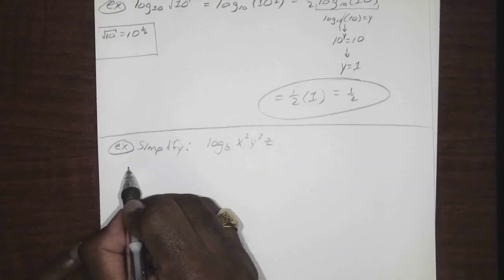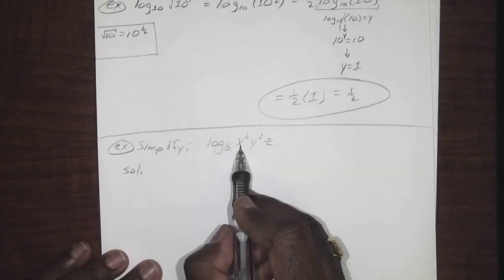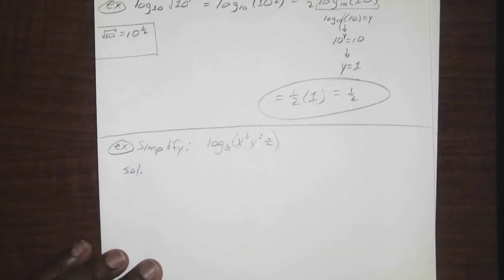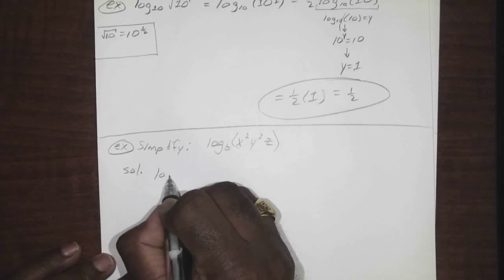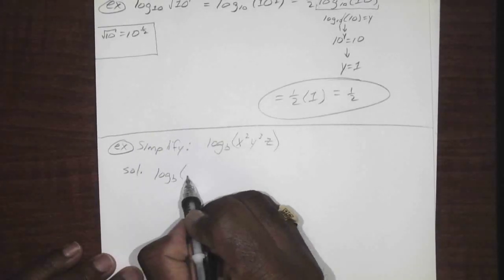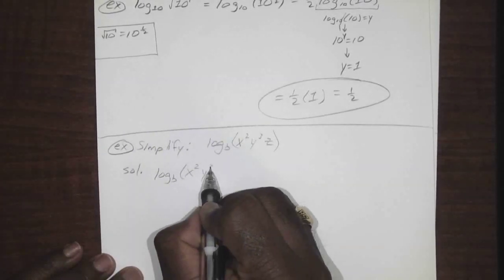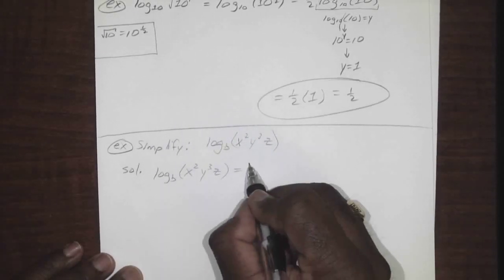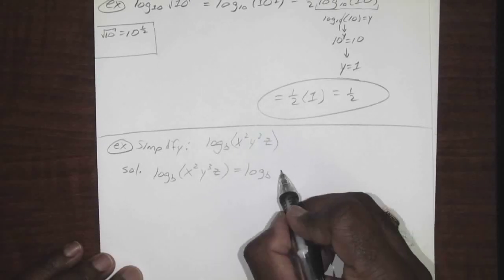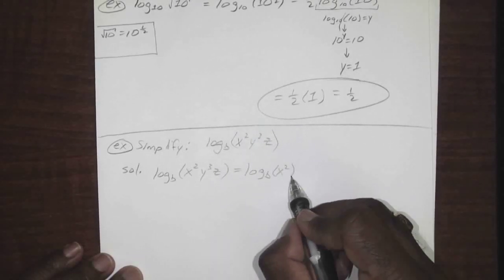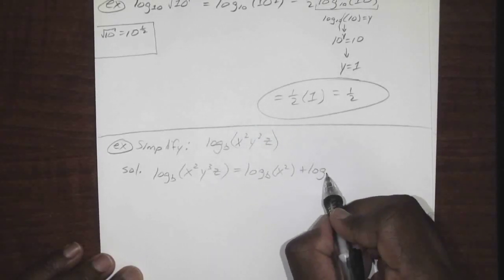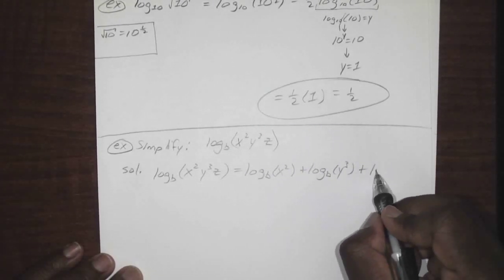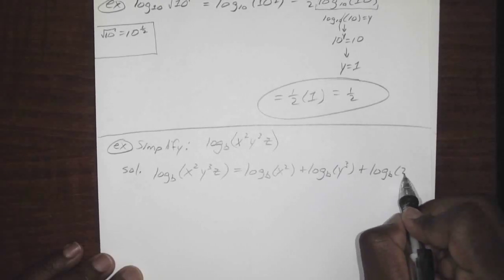Here we have our product rule because you have x times y times z. So log base b of x squared y to the third z just becomes log base b of x squared plus log base b of y to the third plus log base b of z.